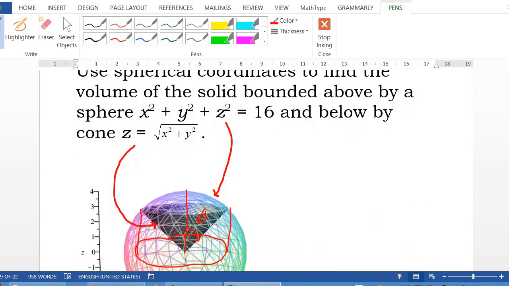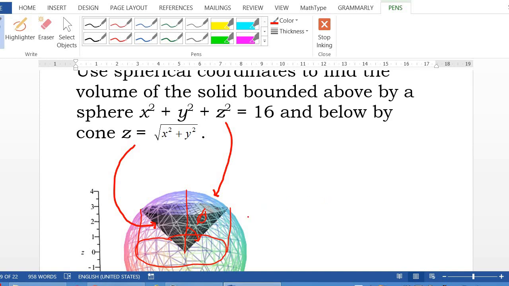Basically, your solid has a cone at the bottom surface, z equal to square root of x squared plus y squared. It looks like an ice cream cone, and the ice cream on top is given by the sphere equation, x squared plus y squared plus z squared equal to 16.